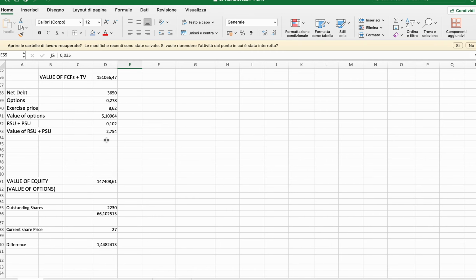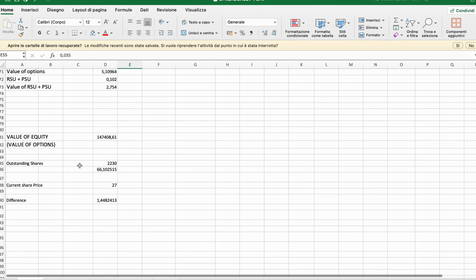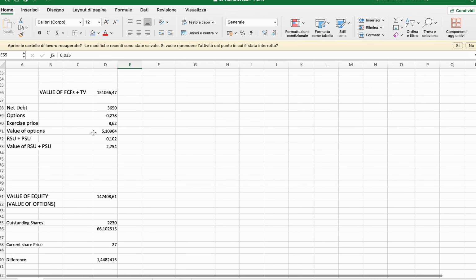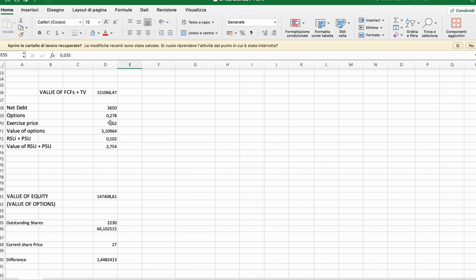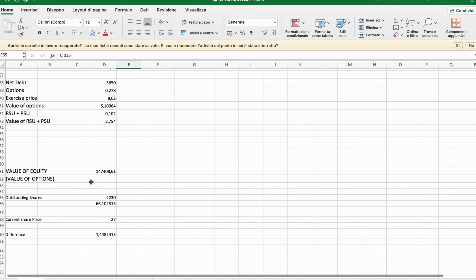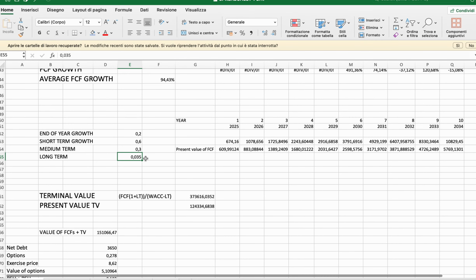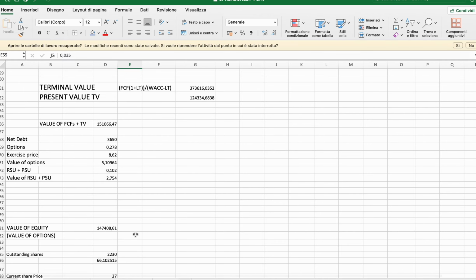So these are my valuations. You have to account that in that case, probably the valuations of the options and the restricted stock units and performance stock units would be a lot more. But the valuation for the existing equity investors would still be really good compared to the current share price.